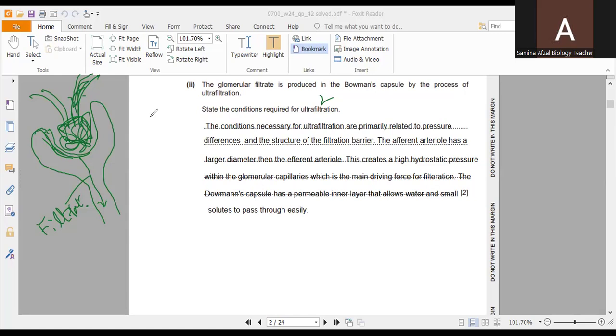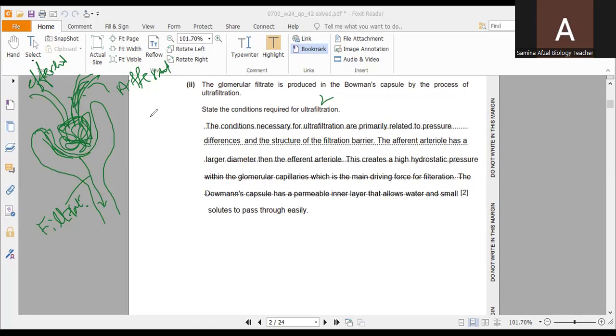So due to the high blood pressure in the glomerulus. How is this high blood pressure created? You can say the afferent arteriole, which brings the blood into this glomerulus, has a larger diameter than the efferent arteriole, the vessel taking blood away.